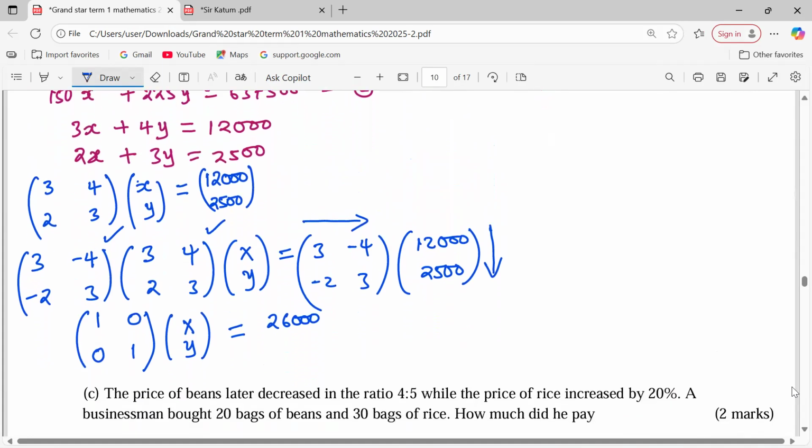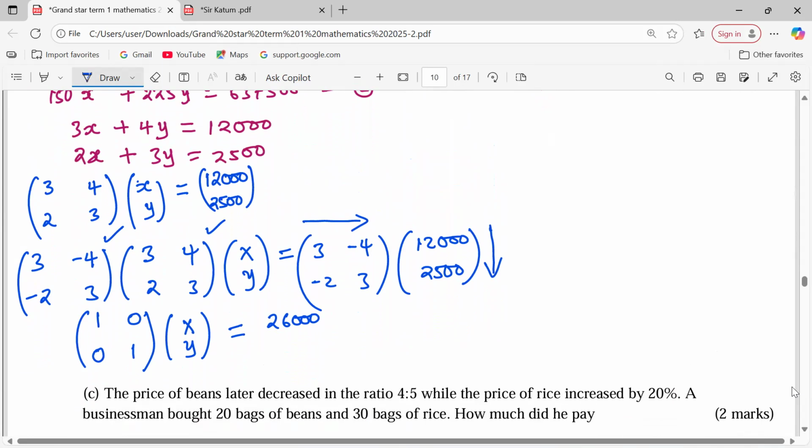Just give it a minute, because we can't get negative cash, ladies and gentlemen. There is no way we can get negative cash.